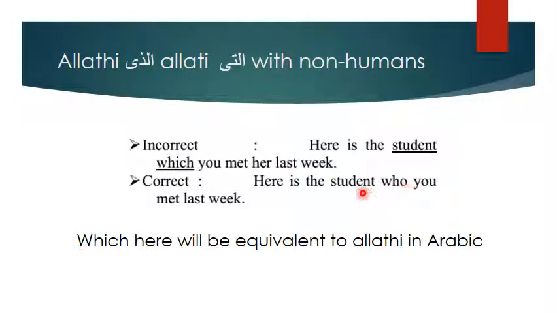Also we have the use of which cannot come or modify a person. The student is someone, is a person. So in English we know that we use who with persons, with people, with animate objects, or with humans. Okay.